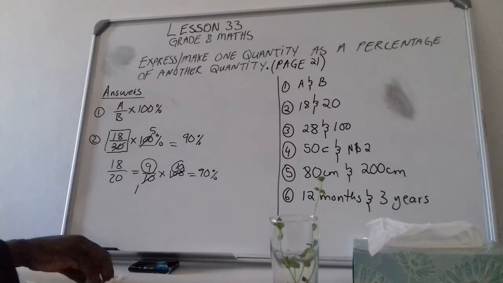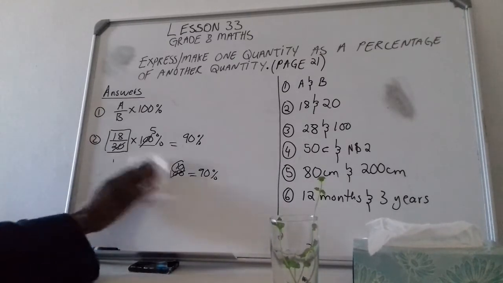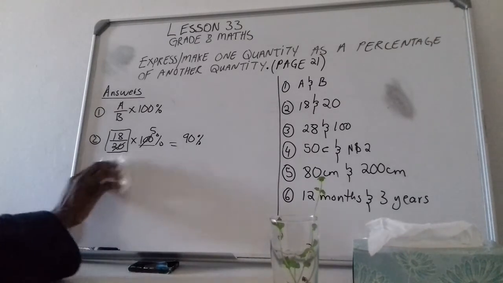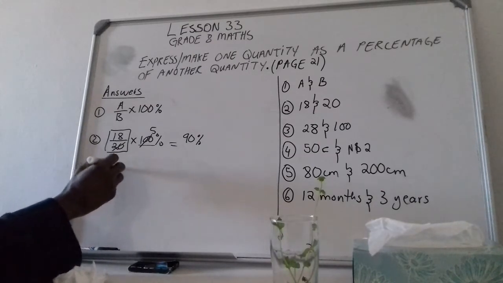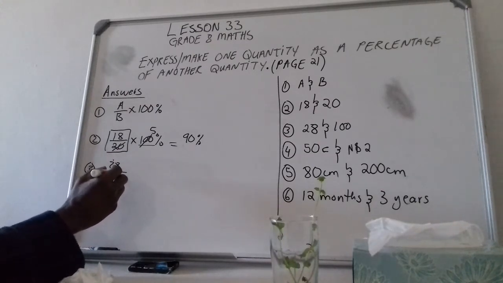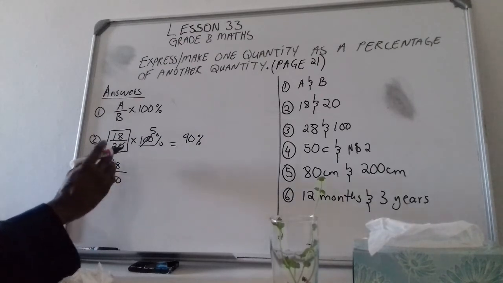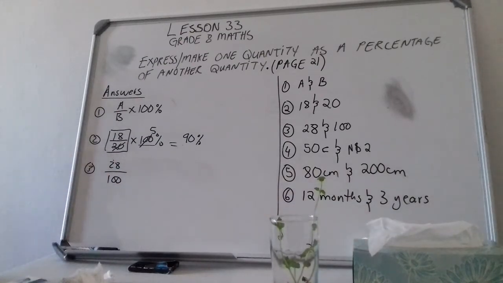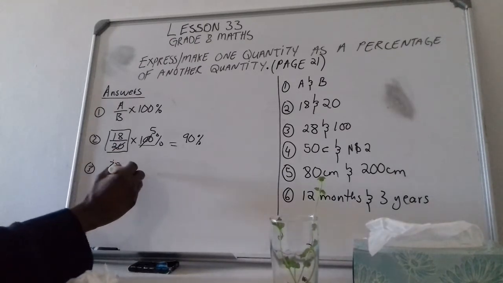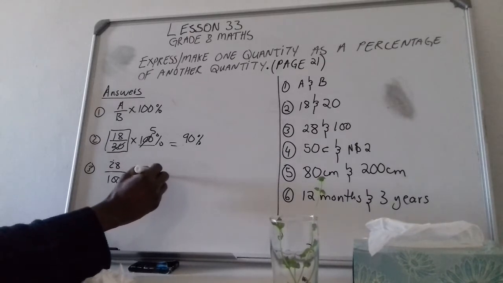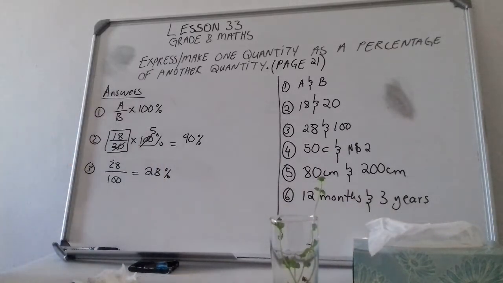Okay, let's go to number 3. Number 3, we have 28 over 100. Wow, this one is very easy, because we've learned that any number with a denominator of 100 can just be written as a percentage. So that's just 28%.